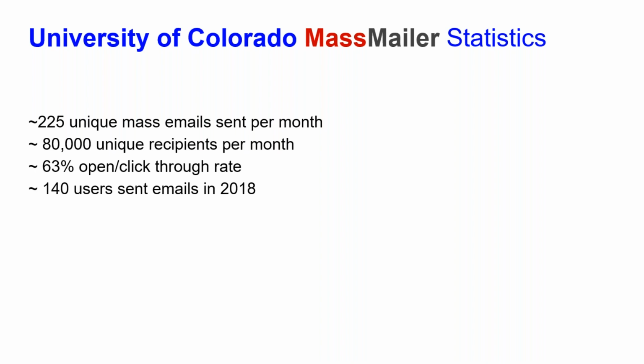In some of the colleges like engineering, you're going to see an uptick of over 70%. We have about 250 unique emails sent per month from our advising staff and about 140 users. So again, this allows those non-technical advisors to get a quick message out with all of the analytics that you would expect from a marketing automation platform.